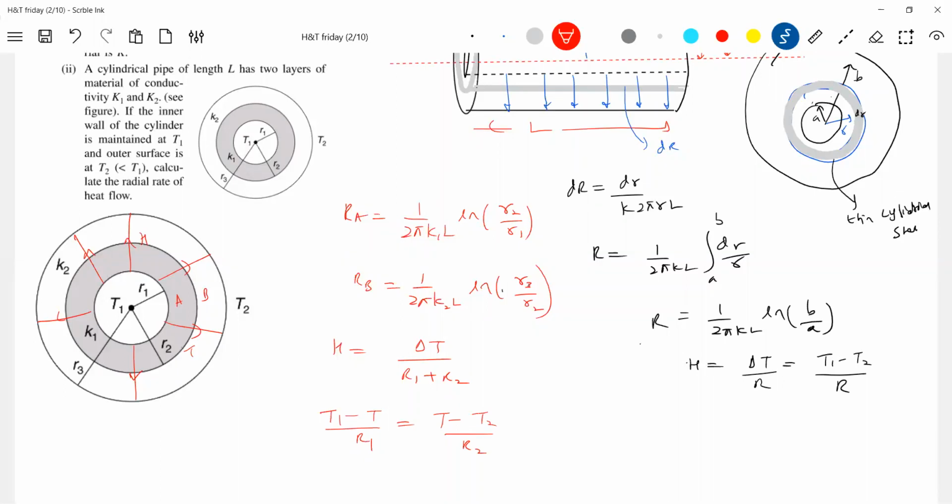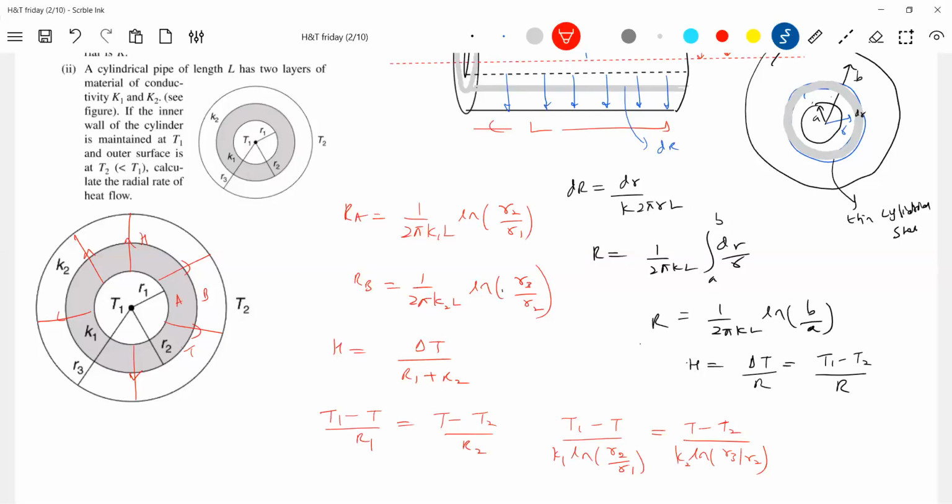2 pi L will get eliminated, so the temperature T of the interface will be given by the log of R2 by R1 equal to T minus T2. The thermal conductivities are different, okay, I'll write K1, K2.